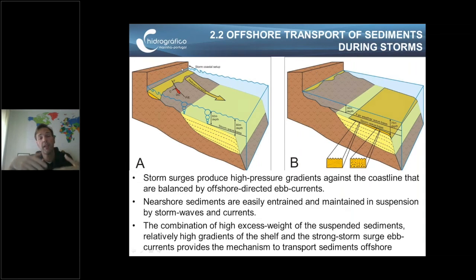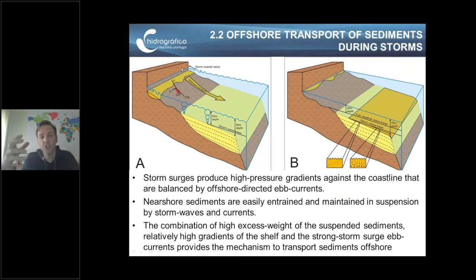These ebb currents, which we could also call downwelling currents, normally transport the sediments that are near shore to the offshore. During the storm, sediments that are near shore are easily entrained and maintained in suspension by the waves and by the currents.